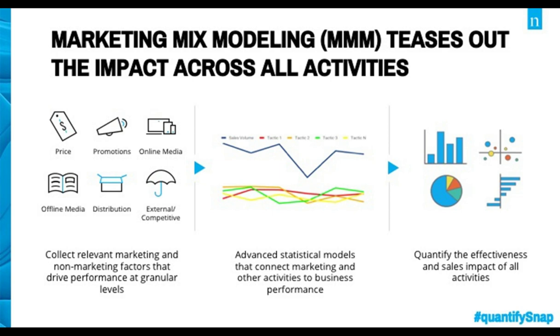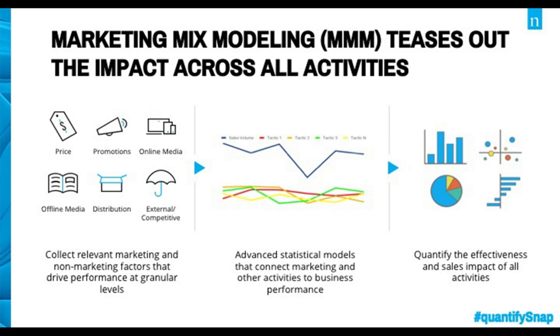And also looking at things you can control that are non-marketing as well, like distribution, opening up a new store, or a new product enhancement. But then there could also be other external things, such as weather or seasonality or interest rate changes, or even competitive factors such as competitive marketing, competitive pricing, or competitive store openings. It's really a 360 view of your entire business.